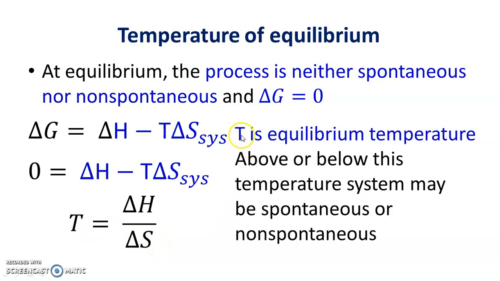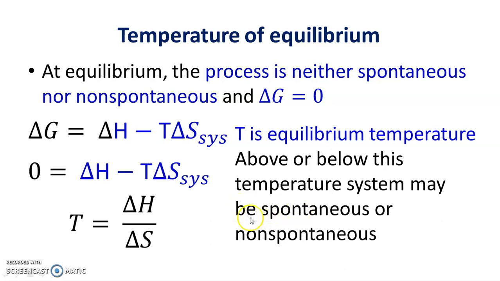Here capital T is the equilibrium temperature, and above or below this temperature the system may be spontaneous or non-spontaneous, and at equilibrium temperature the system will be neither spontaneous nor non-spontaneous.